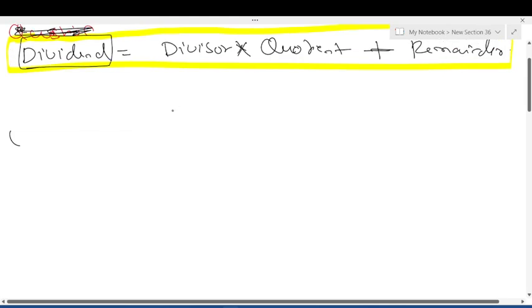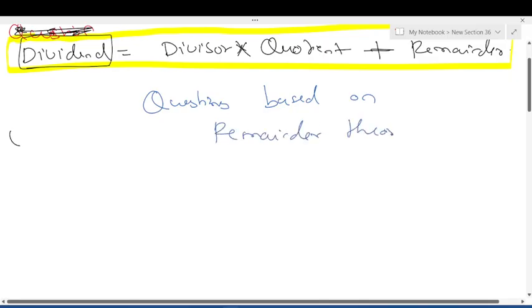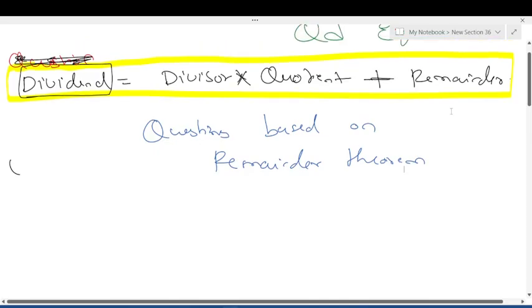Second type. Questions based on remainder theorem. Remainder theorem is nothing but whatever concept I explained in the beginning. This is the formula we get from remainder theorem.